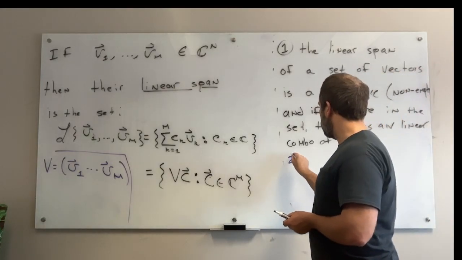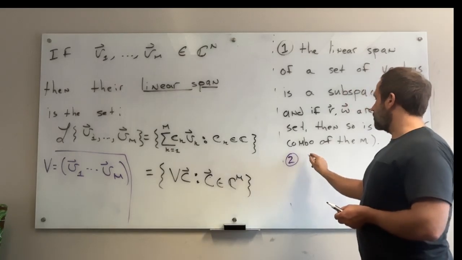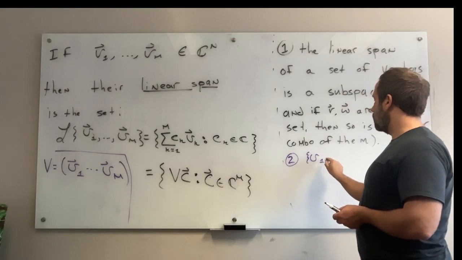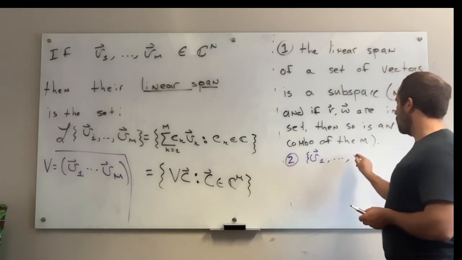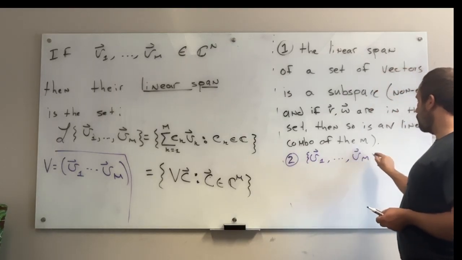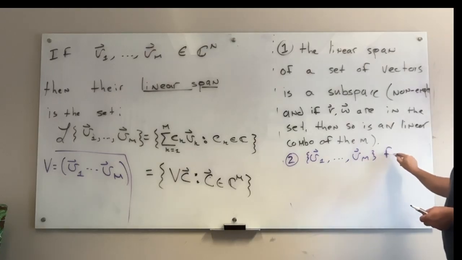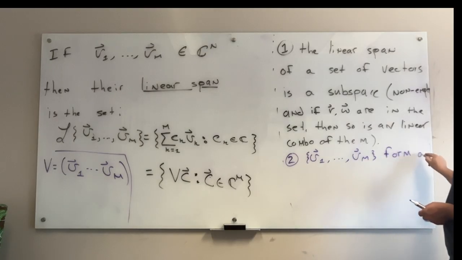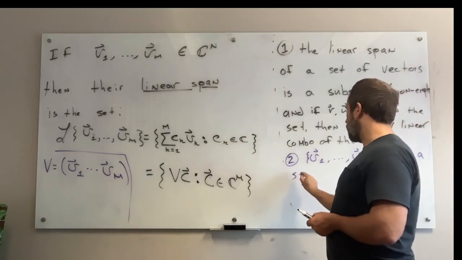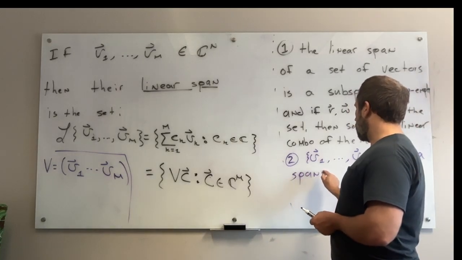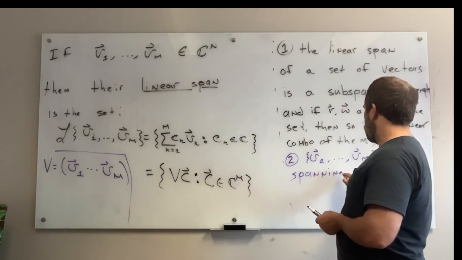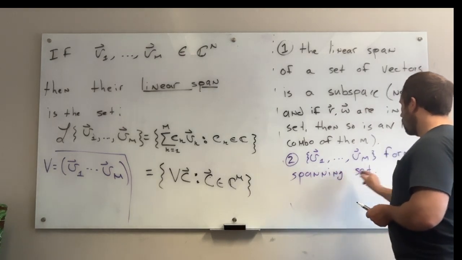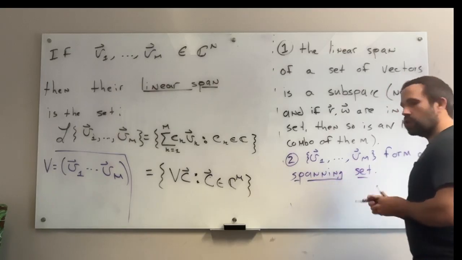Two, the vectors v1 through vm form a spanning set for that vector space. So what is a spanning set?